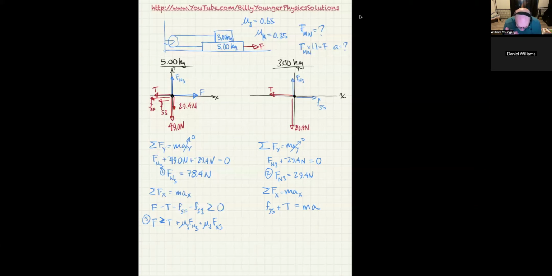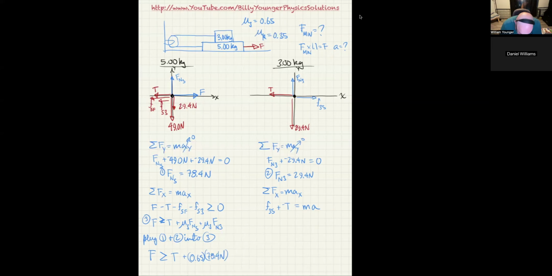But what we can do is now plug equations 1 and 2 into 3, and we get F is greater than or equal to T plus 0.65 times Fn5, which we found was 78.4 newtons.